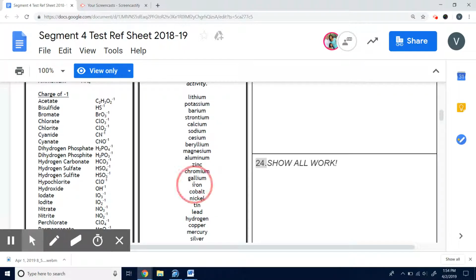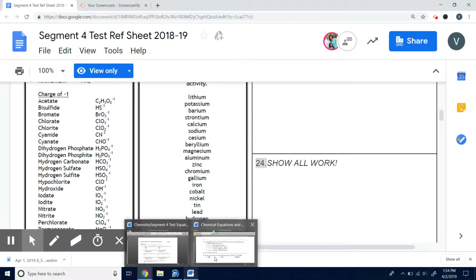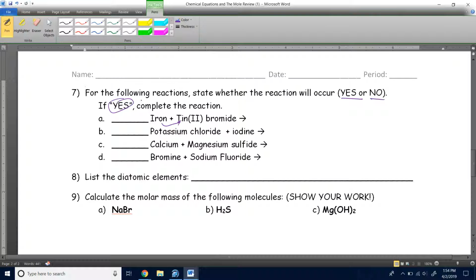So iron, we can tell, is higher on the activity series compared to tin. That means iron has the strength to replace tin in this compound. So our answer here would be yes, and iron will replace tin, knocking tin out by itself.